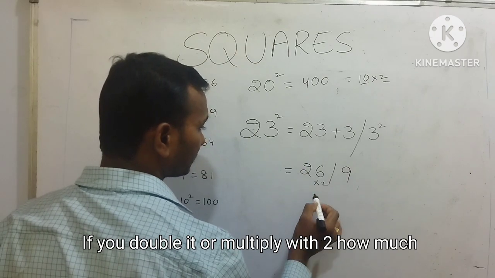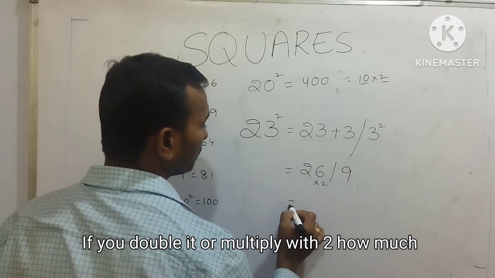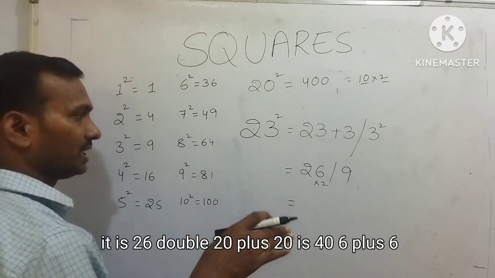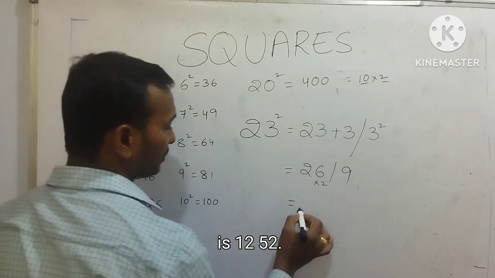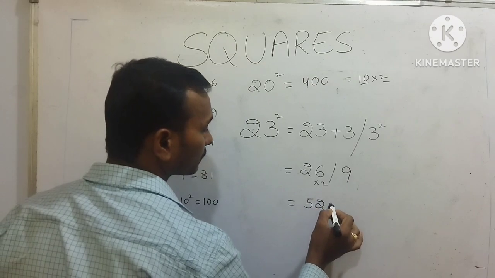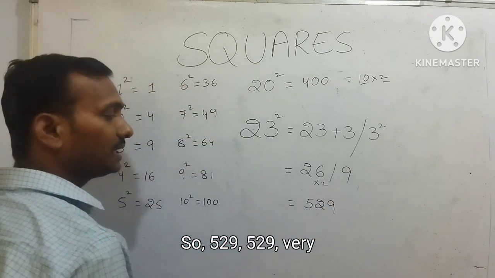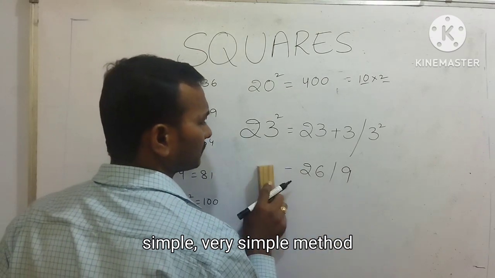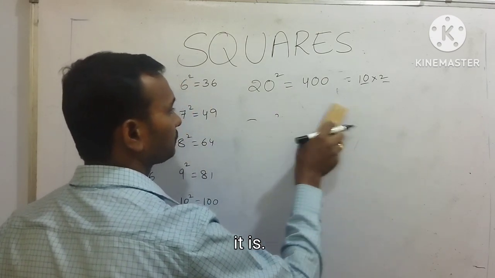If you double it, or multiply with 2, how much is it? 26 doubled: 20 plus 20 is 40, 6 plus 6 is 12, so 52. So 529. Very simple method it is.